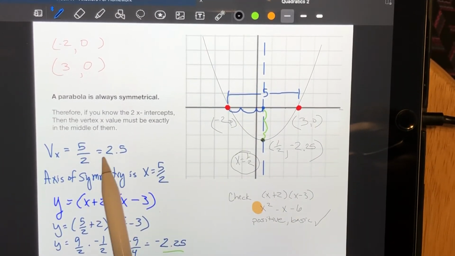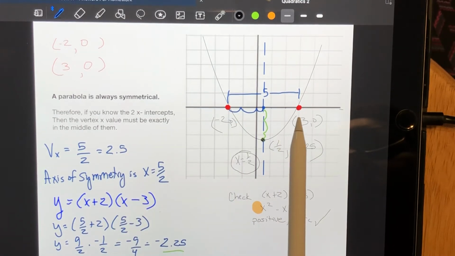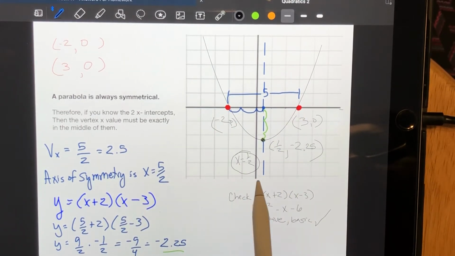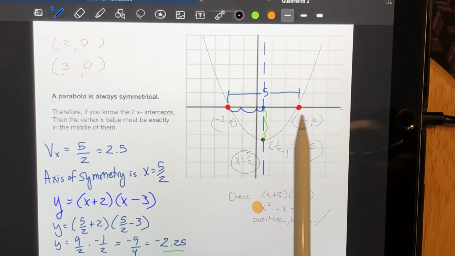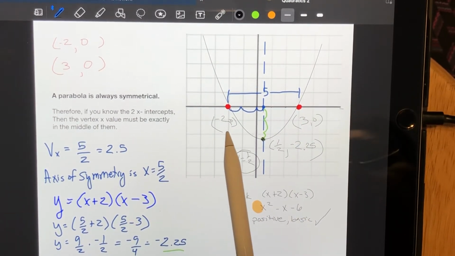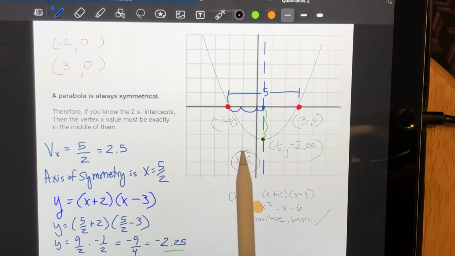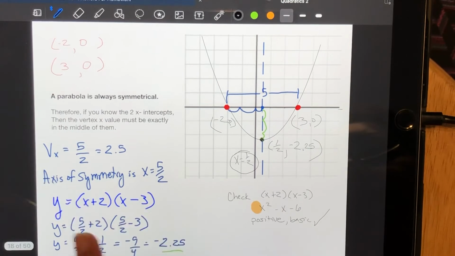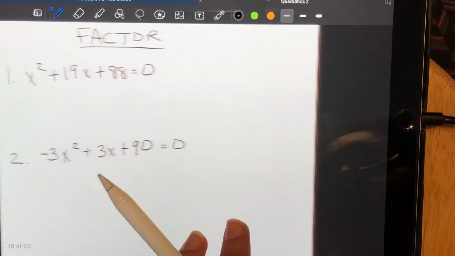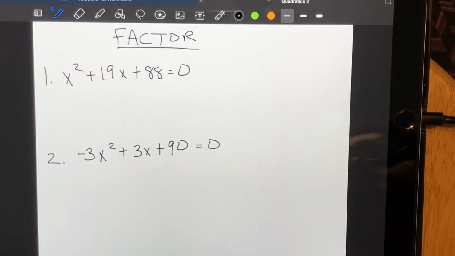We factored our equation, we got the 2 points that were our intercepts, the zeros of our graph, the solution to our problem, and from that we were able to find the axis of symmetry, and we were also able to find the vertex.